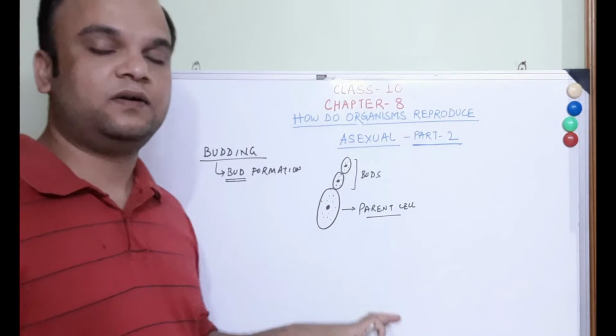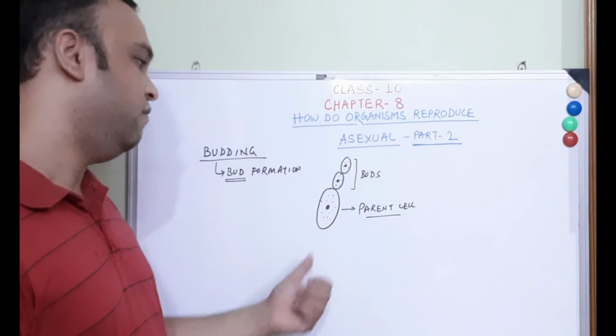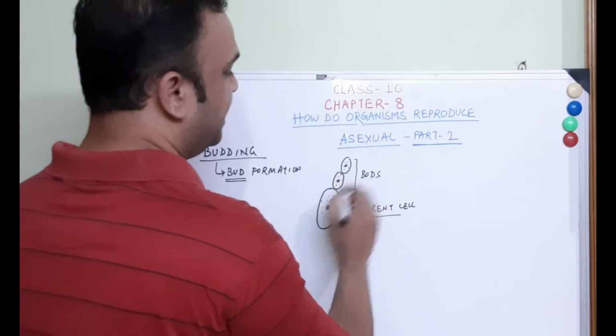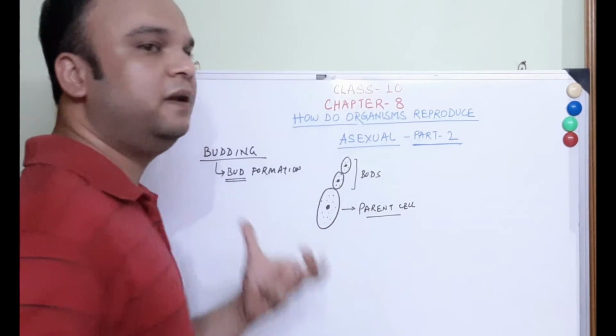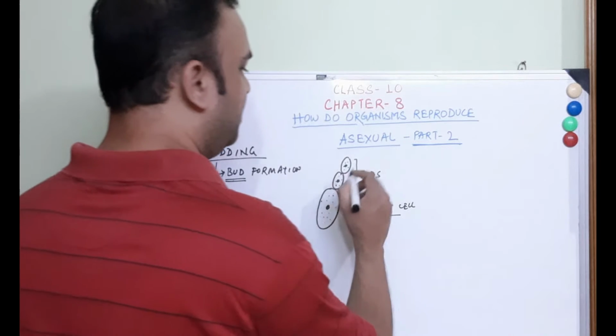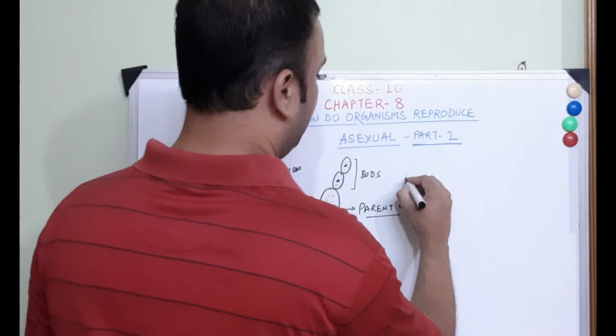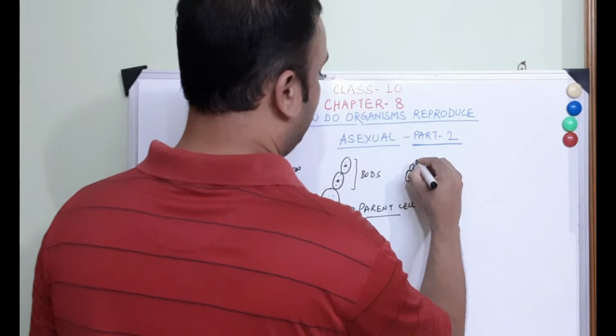These buds, once they mature, get detached from the body and again form a new chain of cells of their own.